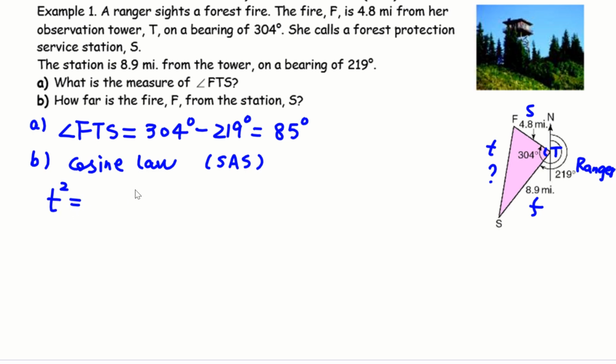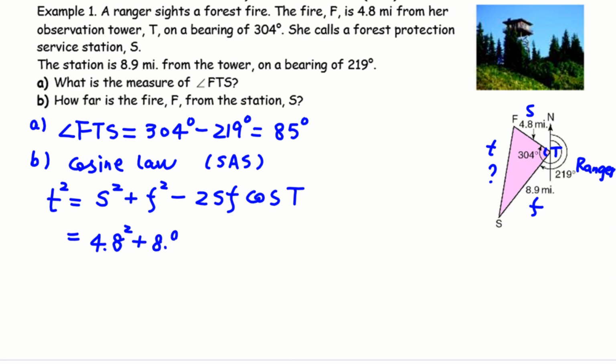So t squared equals the other two sides squared added together, minus double of the other two sides times together, then times cosine angle t. We sub in the given information: 4.8 squared plus 8.9 squared minus 2 times 4.8 times 8.9, then times cosine 85 degrees.